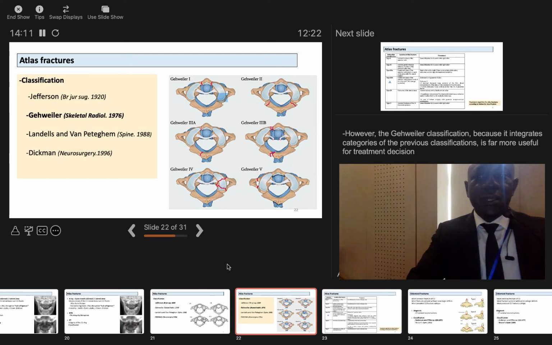However, the Buehler classification, because it integrates categories of previous classifications, is far more useful for treatment decision.